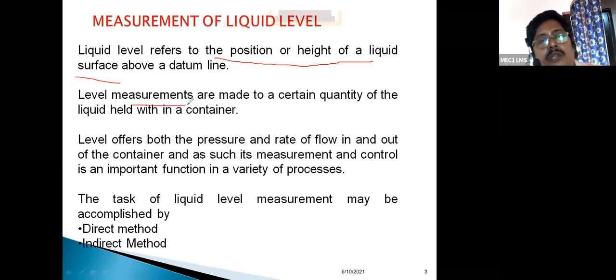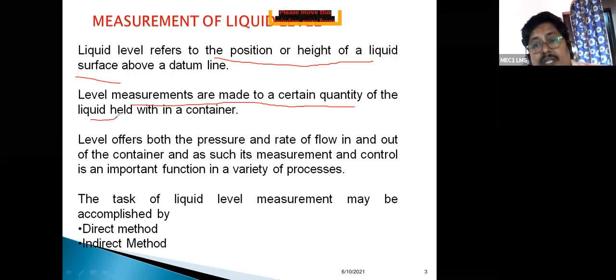And level measurements are made to a certain quantity of the liquid. Somebody said that quantity of a liquid, certain limit. Somebody said that almost all it is nearer to that. Actually, liquid level refers to the, that is the actual definition. And here the level measurements are made to indicate a certain quantity.